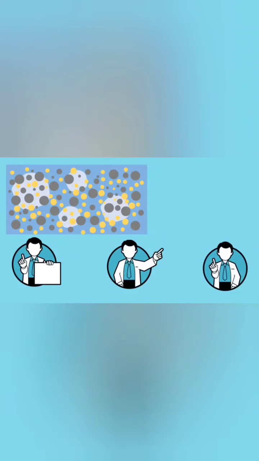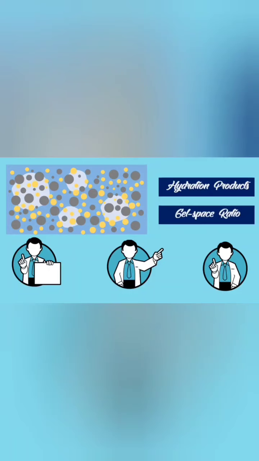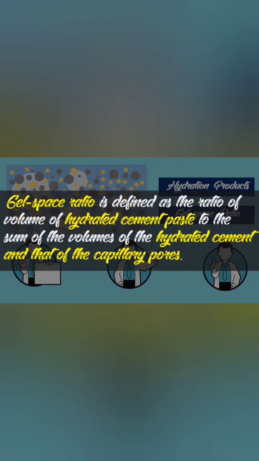With these, some of the researchers stated that the strength of concrete can be related to the hydration products, that is, gel space ratio. Gel space ratio is defined as the ratio of volume of hydrated cement paste to the sum of the volumes of the hydrated cement and that of the capillary pores.